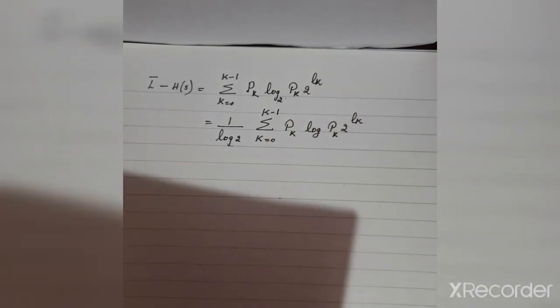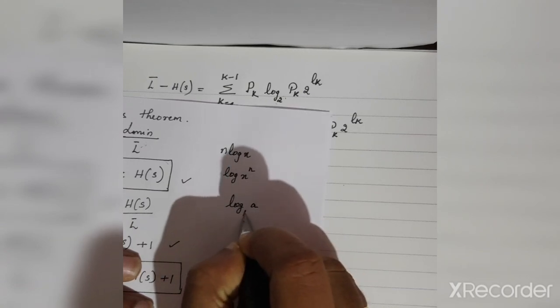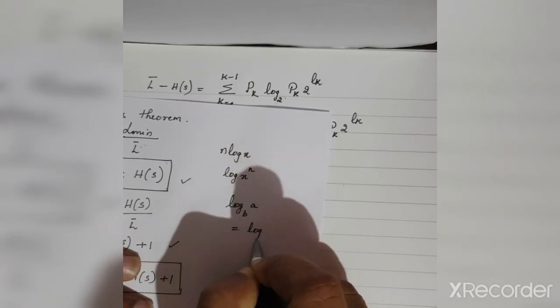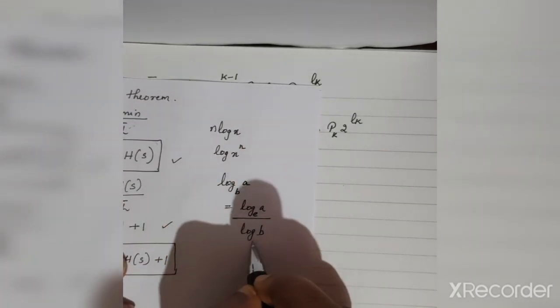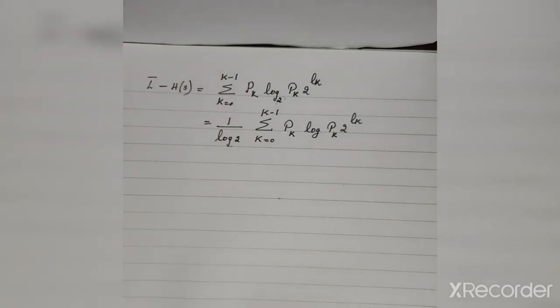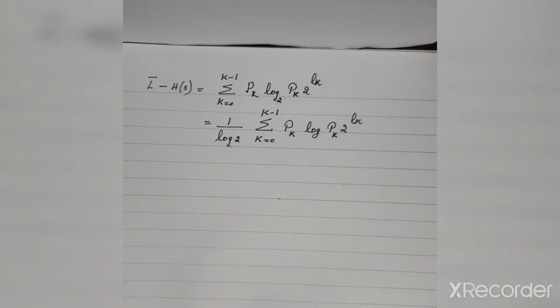This is simple log mathematics: if you have log a to the base b, it can be written as log a by log b. So we are changing the base to natural log. So that's what we have done here. Okay, so we got L bar minus H of S in this way.